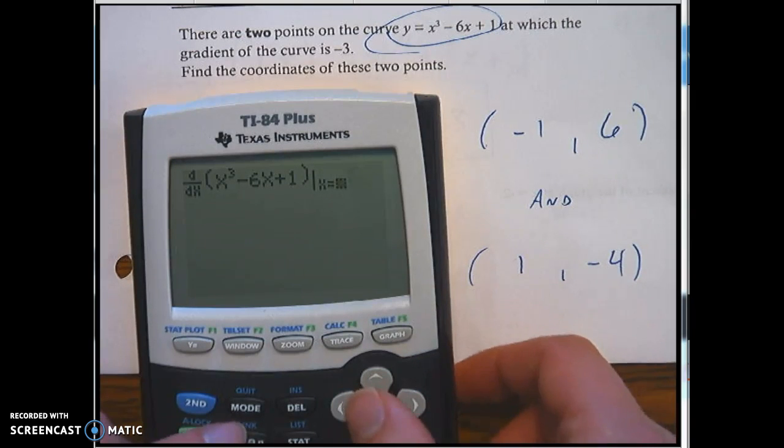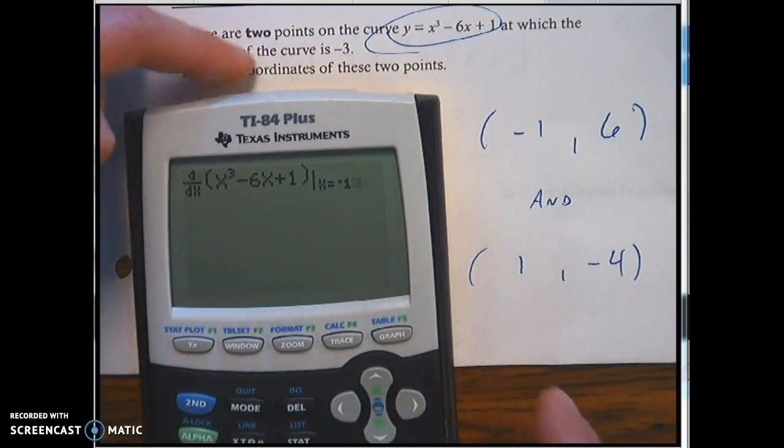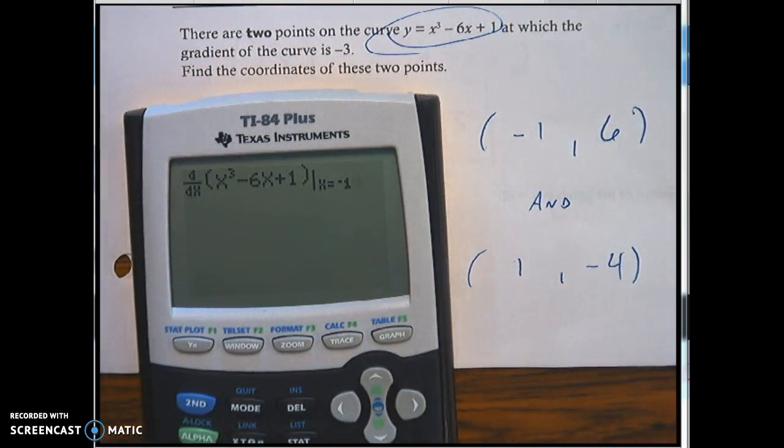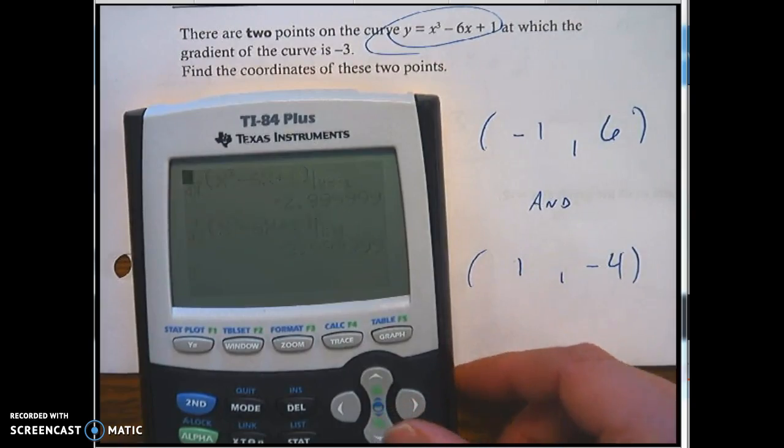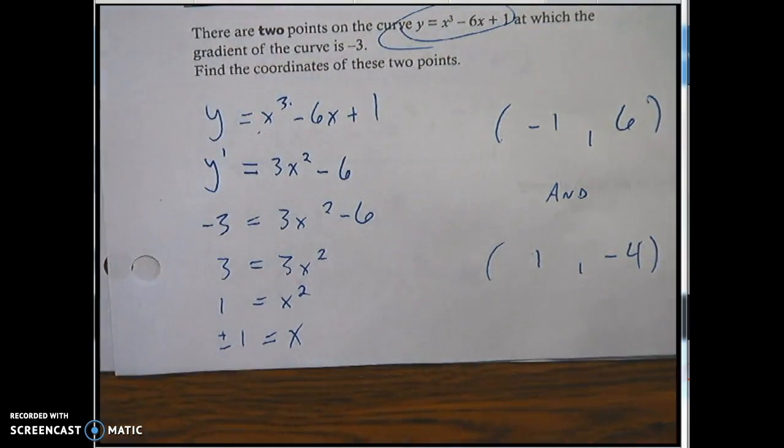If I evaluate that at x equals -1, hopefully I get the gradient is equal to -3, which I do. And at +1, hopefully I get -3 again, which I do. It's a nice way to double check your work. That's math 8 if you want to use that little technique. Just a nice little way to cheat.